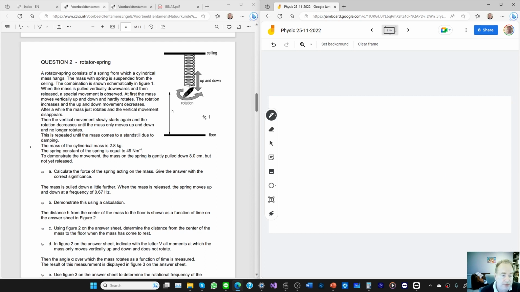The mass is pulled down a little further. When the mass is released, the spring moves up and down at a frequency of 0.67 Hertz. Demonstrate this using a calculation. Okay, for this we need to find or remember the equation of a harmonic motion in a spring mass system.